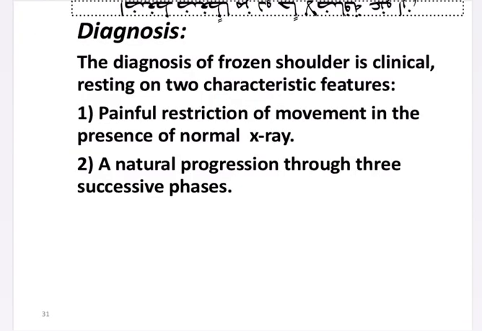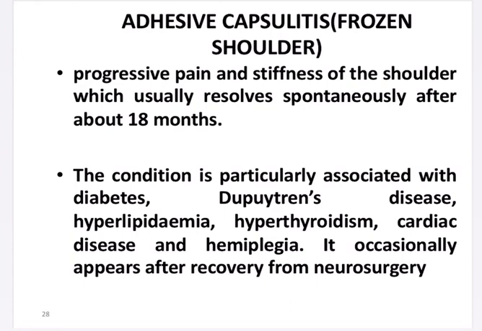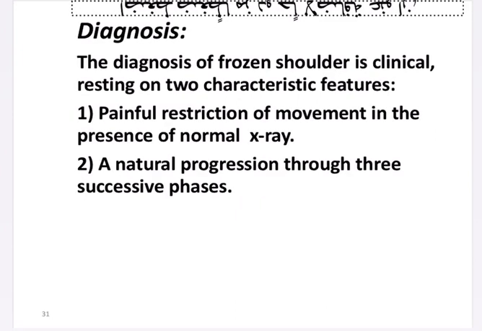The diagnosis of frozen shoulder or adhesive capsulitis depends on a clinical diagnosis, resting on 2 characteristic features. First, painful restriction of movement in the presence of a normal X-ray.